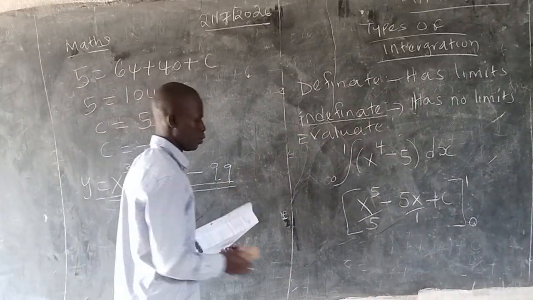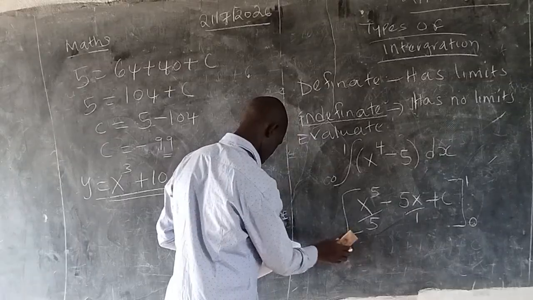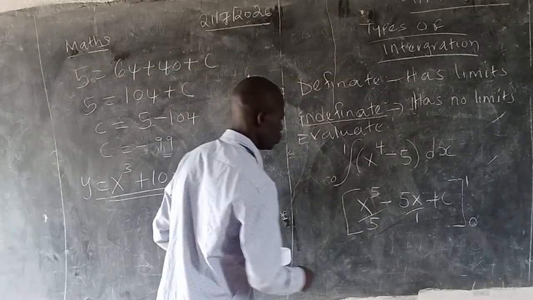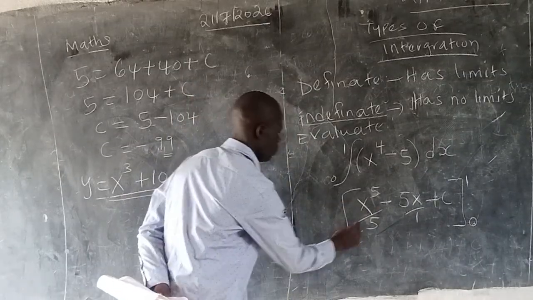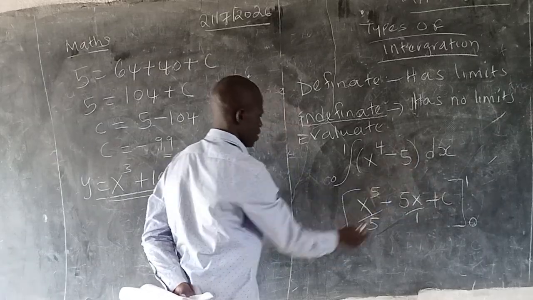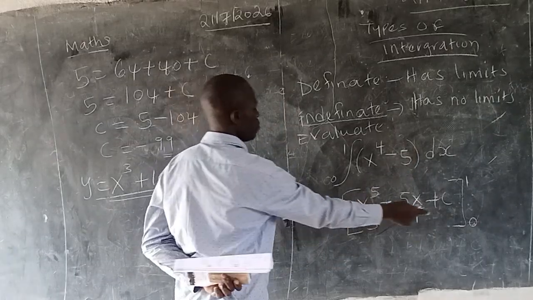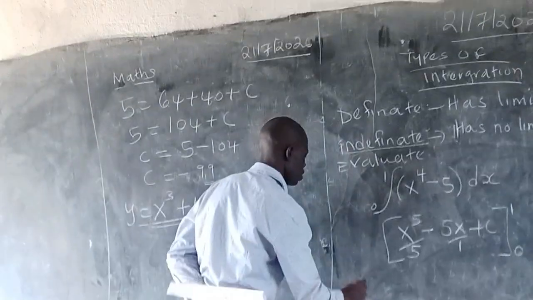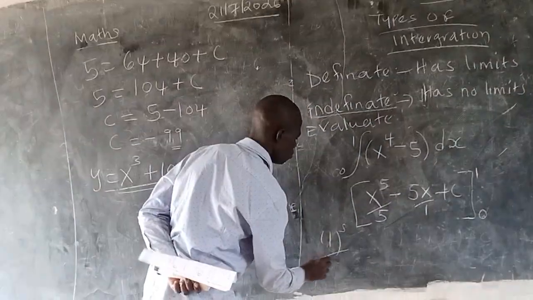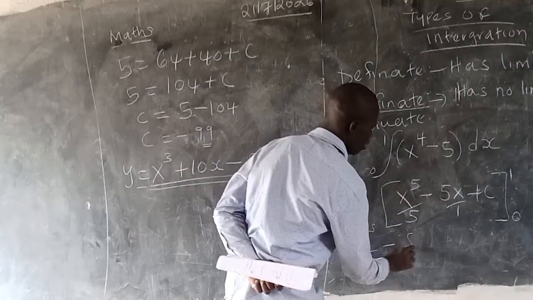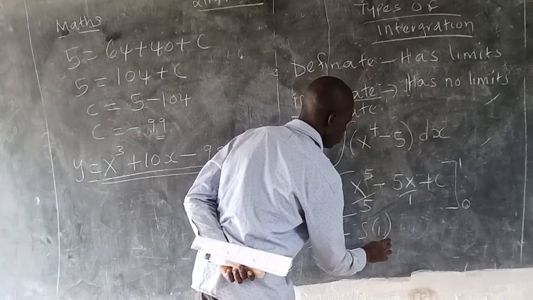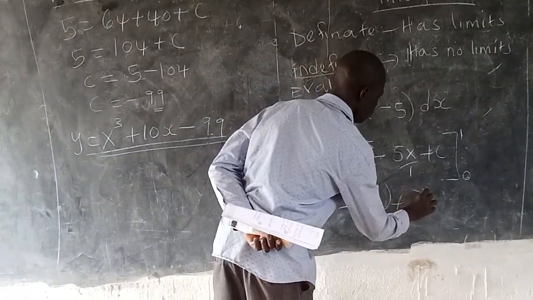Now this is very simple, students. Given this, we replace the value of x. We begin with 1, then we finalize with 0. So this is 1 raised to 5 over 5 minus 5 into 1 over 1 plus c.